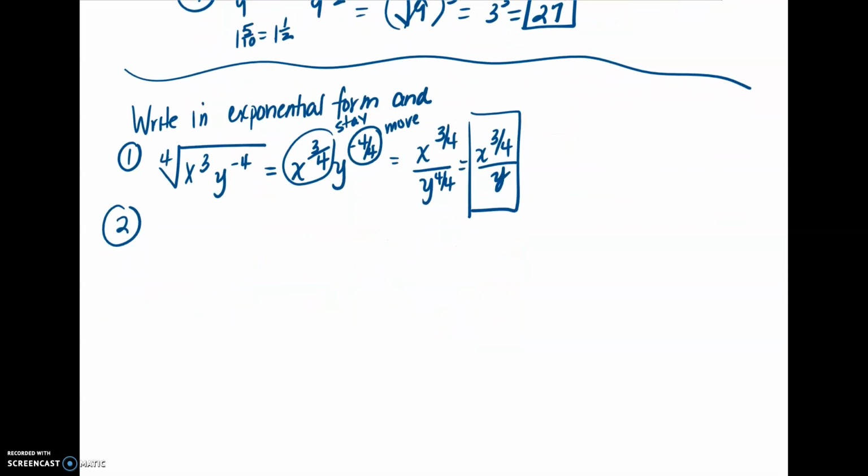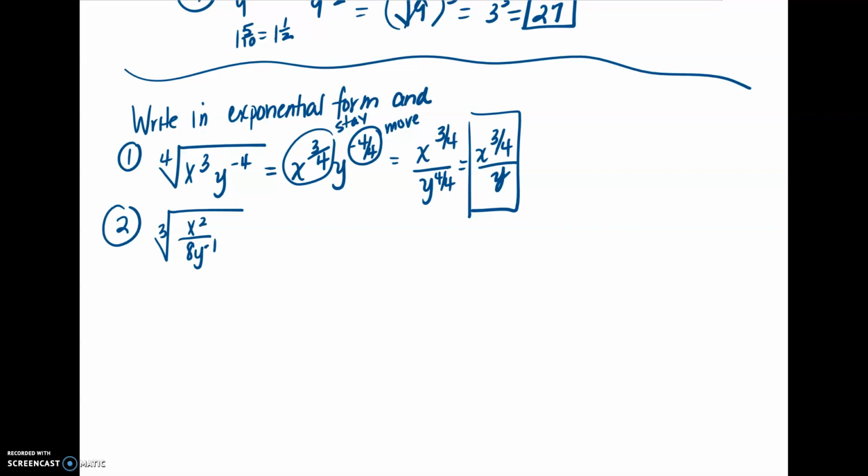All right, we've got about 2 minutes left on this section of the video, so I might have time for one more, and then we'll do a second one after that, in the second video. All right, number 2. We have the cube root of x squared divided by 8y to the -1st power.